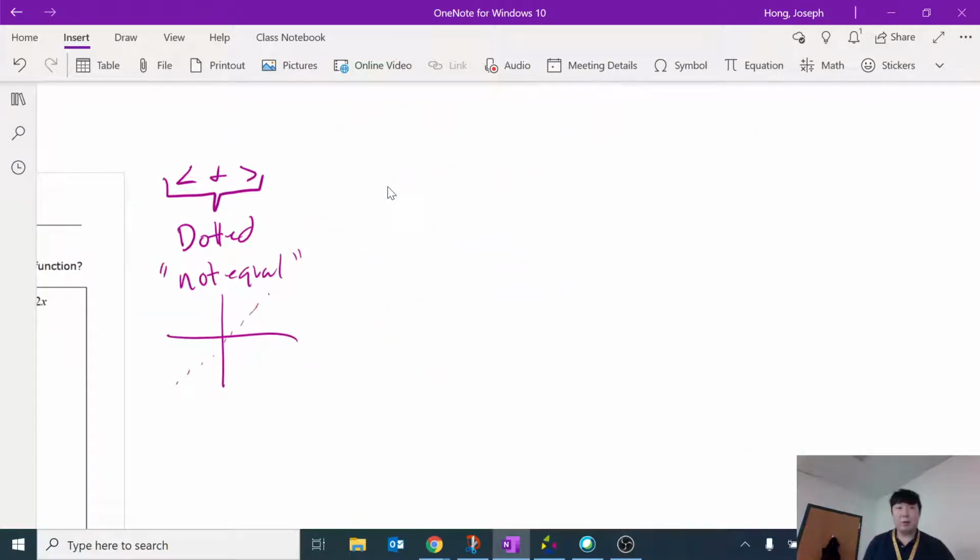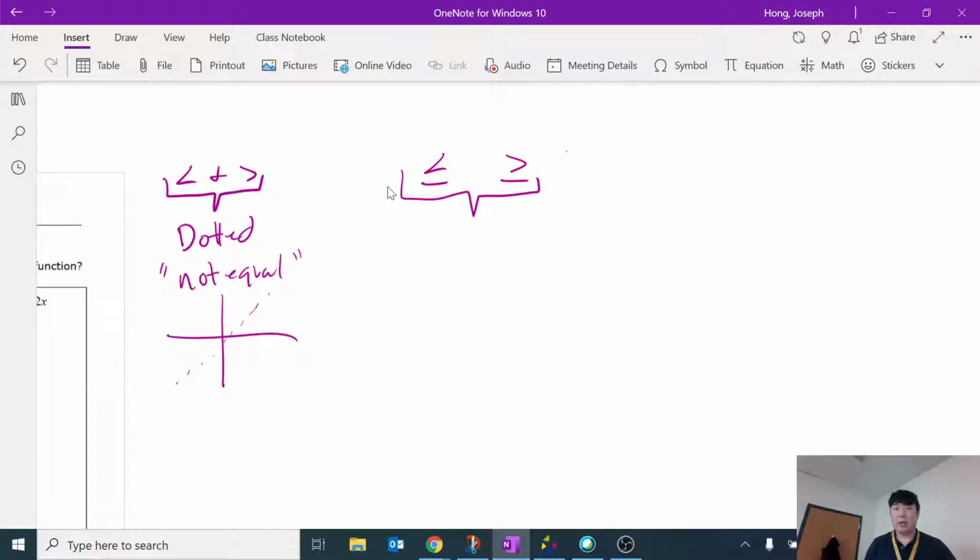But what about the less than or equal to or greater than or equal to sign? What happens here? How would we be able to shade or draw this?